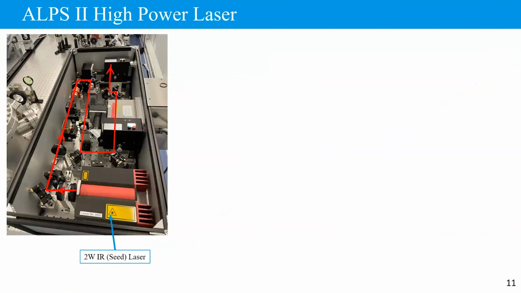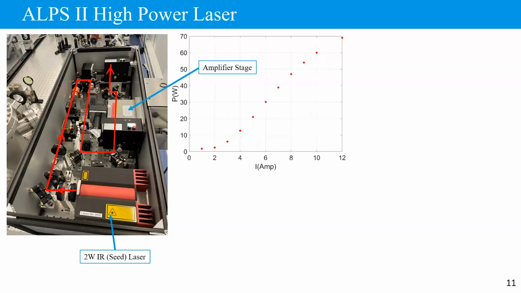Okay, what do we use as a light source? As I said, we use a laser which provides us about 2 watt. It's an infrared laser, and we amplify the power of this laser with an amplifier stage to about 70 watt.